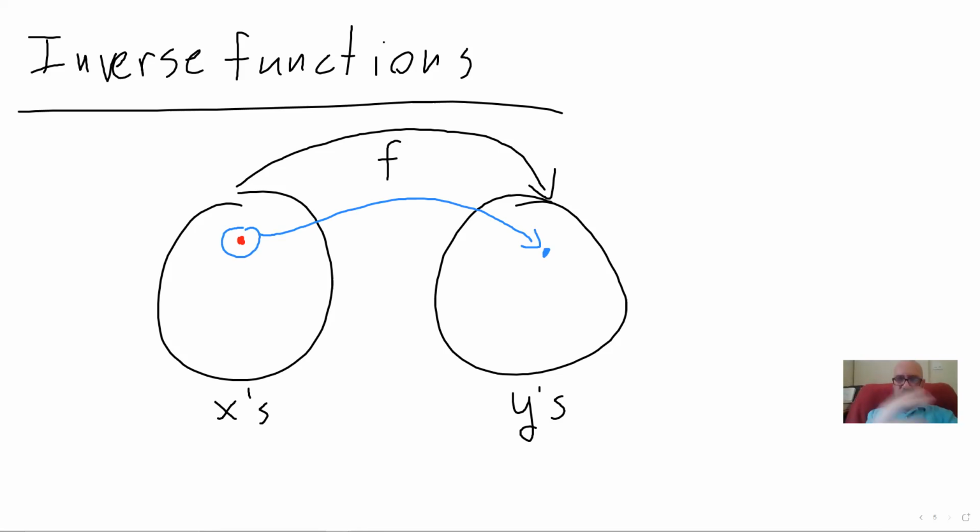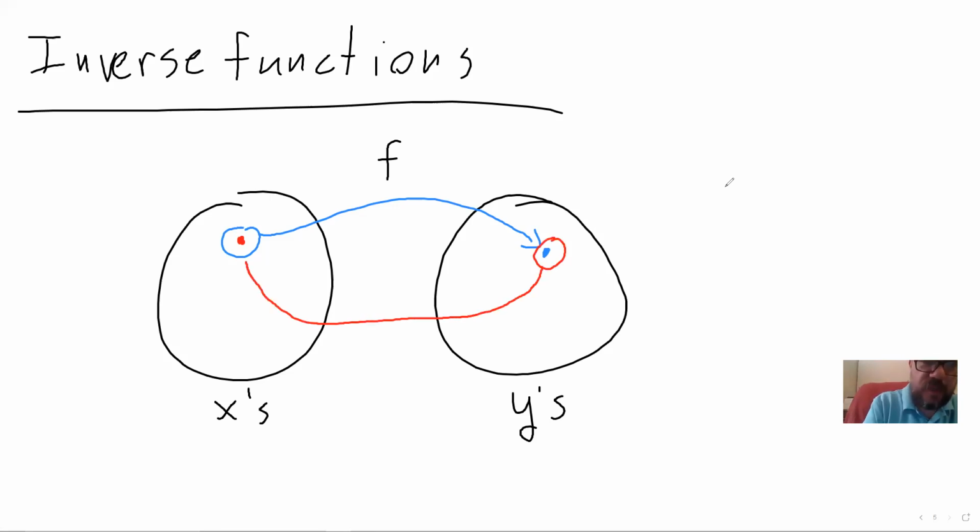Now, there's another function, some of the time at least, that goes the other direction, that takes us back to where we started from, and that's f inverse. That's what inverse functions are. Inverse functions take an output and turn it back into an input. Or I said that badly, but that's the idea. So this is f inverse.